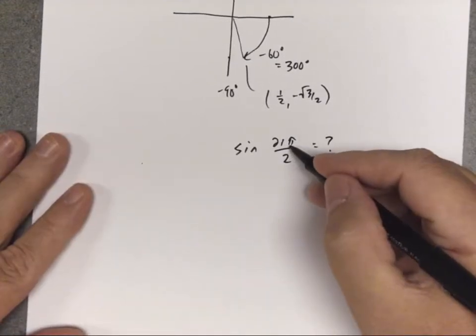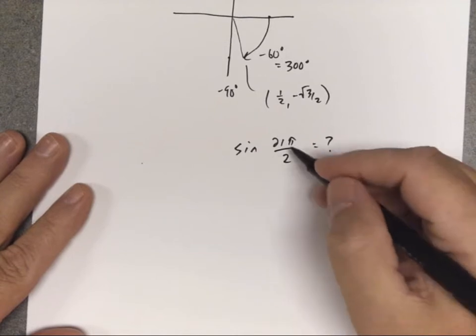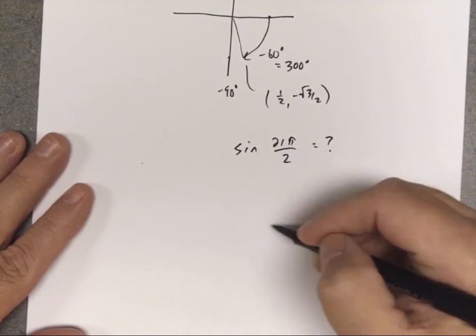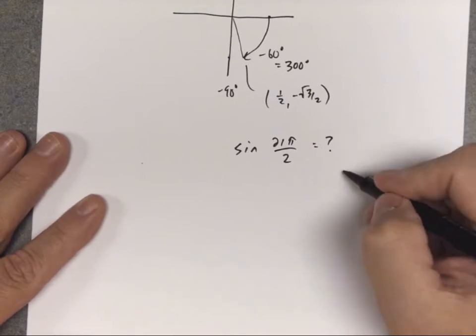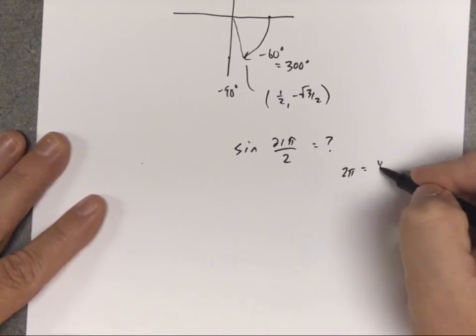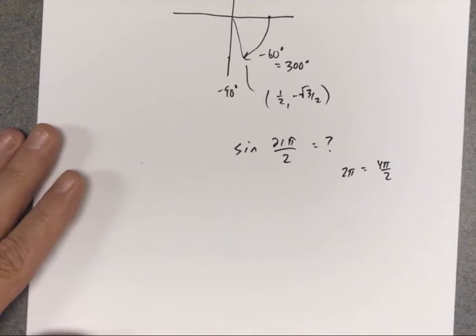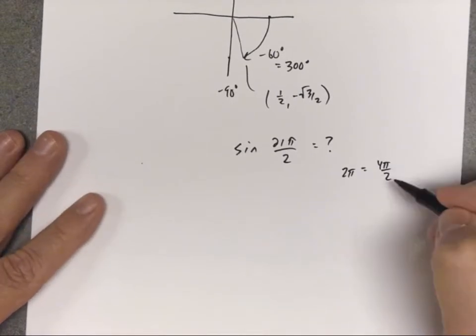So first I have to figure out where this angle is on my unit circle. I know I'm probably going to go round and around a few times. As a matter of fact, 2 pi is actually 4 pi over 2, right? So 4 pi over 2 is one trip around the circle.